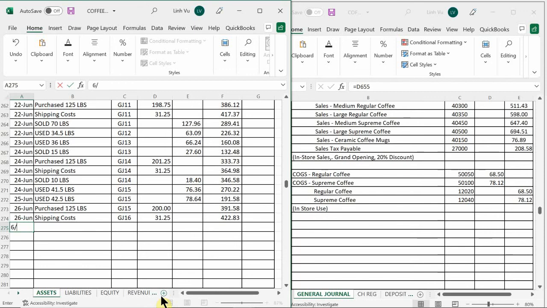And I used 42 pounds. Okay, which cost me $78.12.